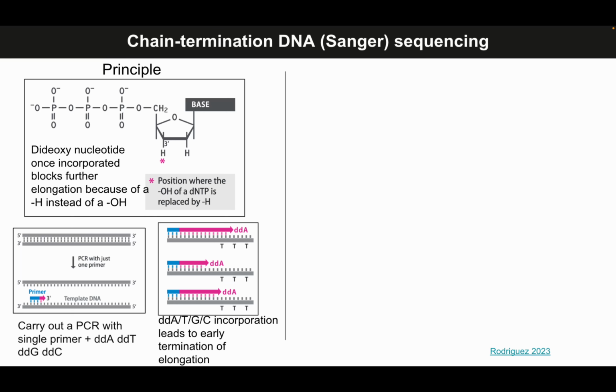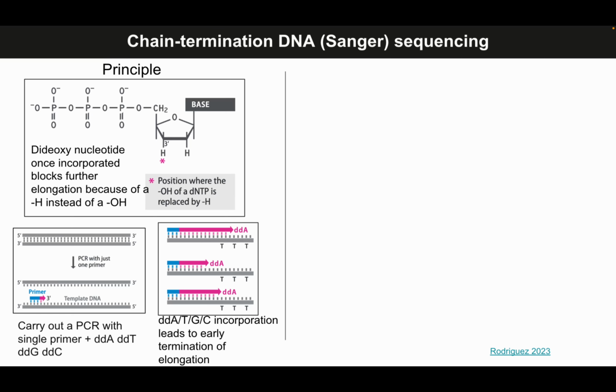Again, the chemistry of it doesn't matter, just focus on the logic. What are we trying to do? Given a particular DNA sequence, which I don't know the sequence of, we are trying to determine what the corresponding sequence is. Is it TTT, is it AAA, or whatever?